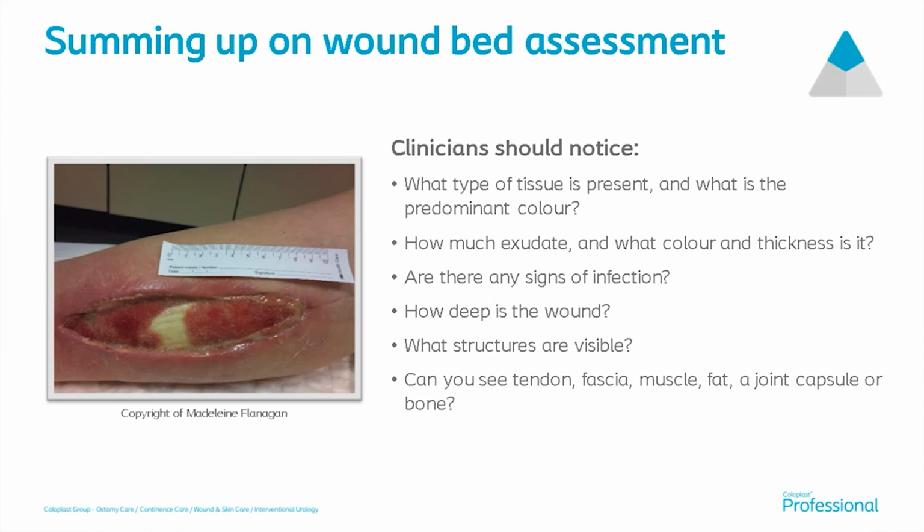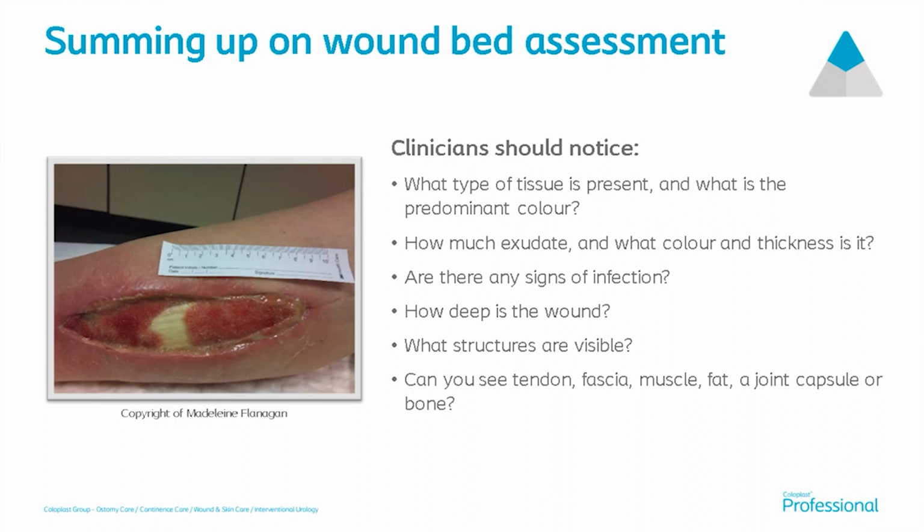So just summing up on the wound bed assessment, we should be able to notice what the tissue type present is, whether there's any odour or not, how much exudate and what colour and kind of exudate we're seeing. We should be able to identify any signs of infection, as well as checking the depth of the wound and the structures of the wound that are visible to our eye.